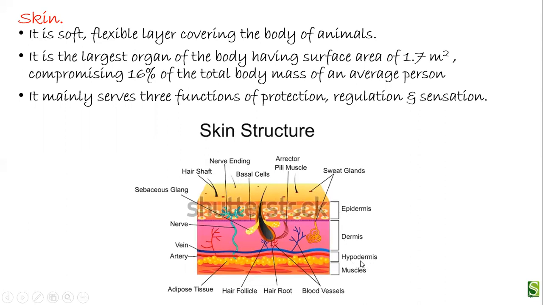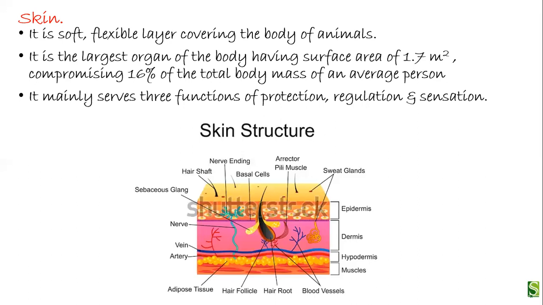The hypodermis is that fibrous layer which helps to attach the dermis to the bones of the body. Now if you observe, the epidermis does not contain any blood vessels, whereas the blood vessels, the nerves, the sweat glands, the hair follicles and the sebaceous glands are present in the dermal layer.